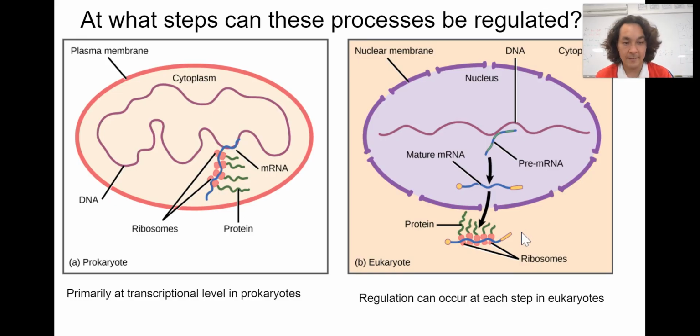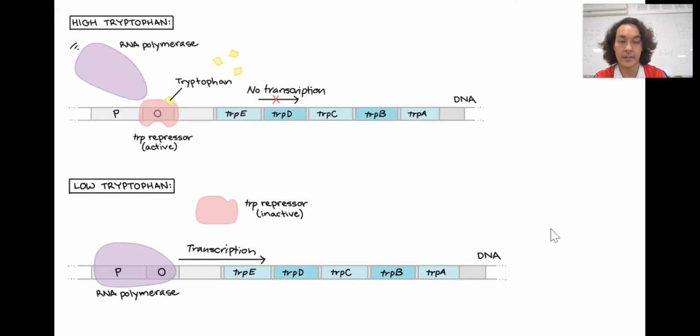You then have slicer and dicer, these microRNAs that can prevent the mRNA from being read at the ribosome. You have proteins that can influence whether or not the ribosomes can bind on the mRNA transcript. And then last but not least, even if the protein's made, you can mark it for destruction and for recycling, or you can phosphorylate it to activate it even further. So you have lots of levels of regulation inside the cell in a eukaryote.